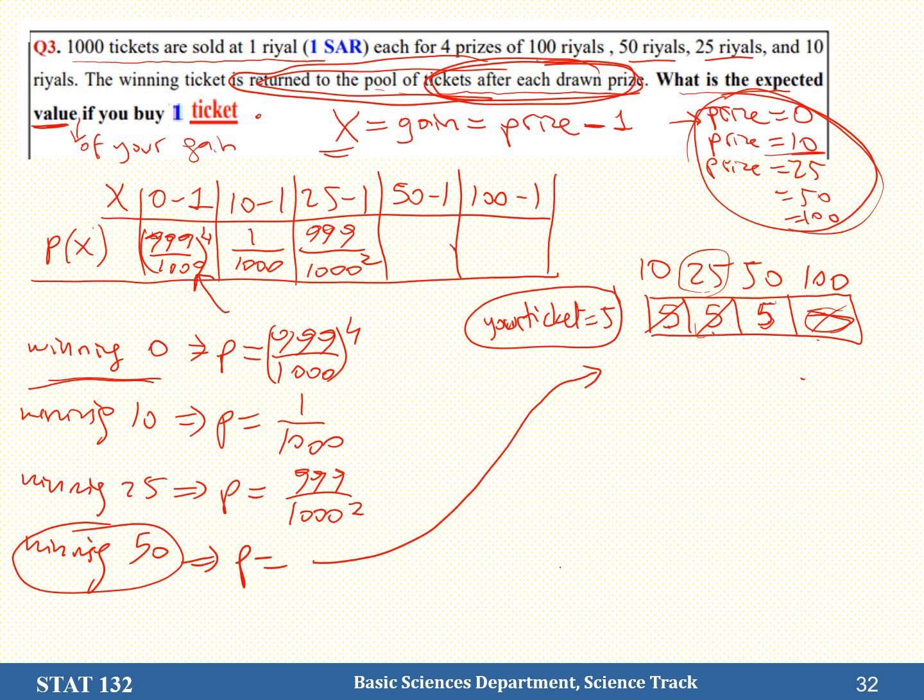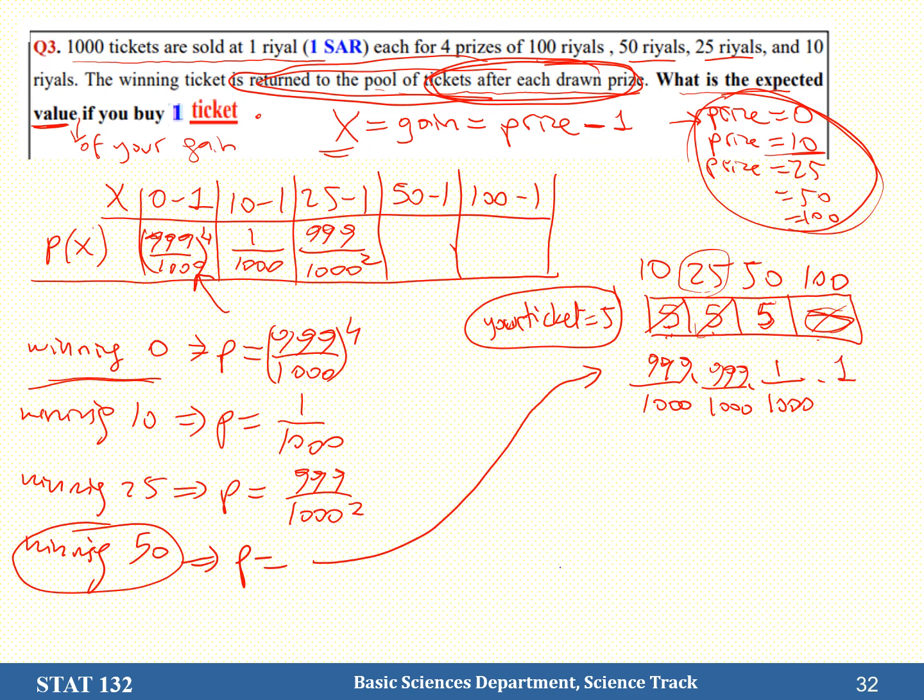Even if it's 5 again, it will not change the situation. So the probability of not getting 5 here, and here, and getting 5 here is only 1 over 1000, and for the last one, any number is fine, it's just 1.